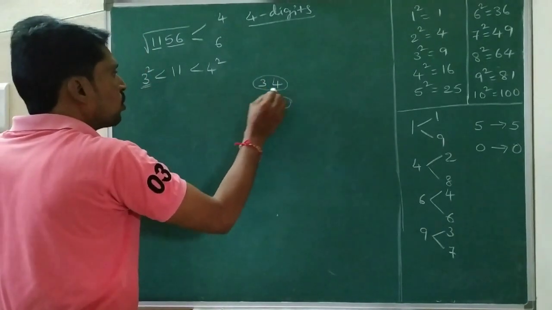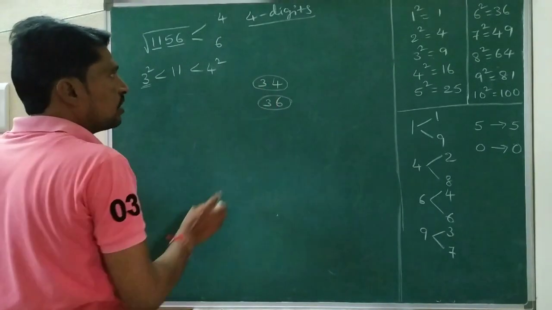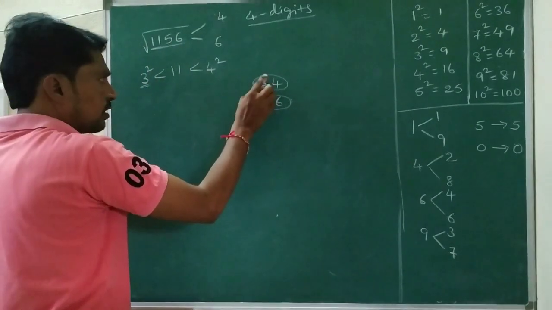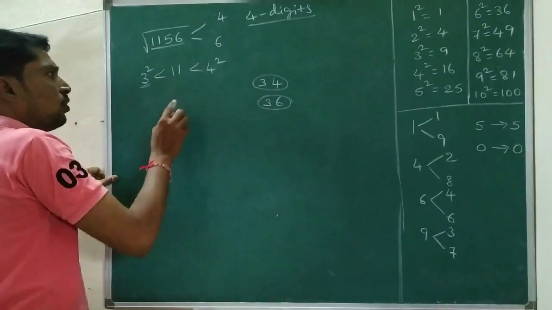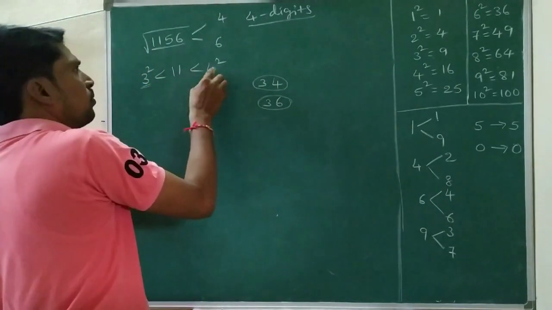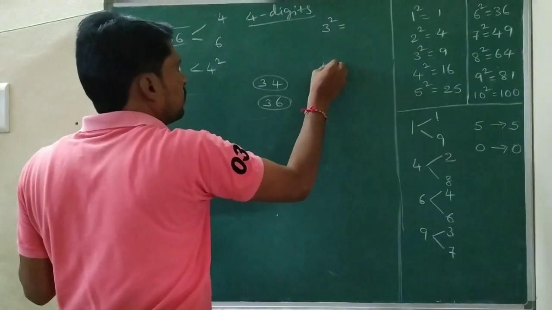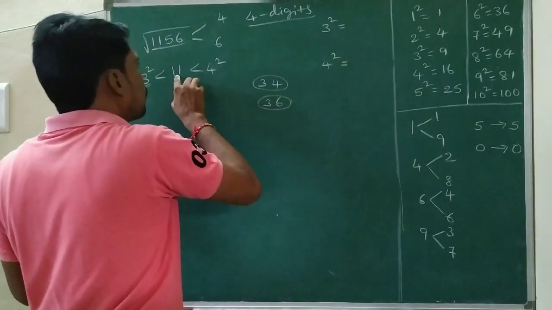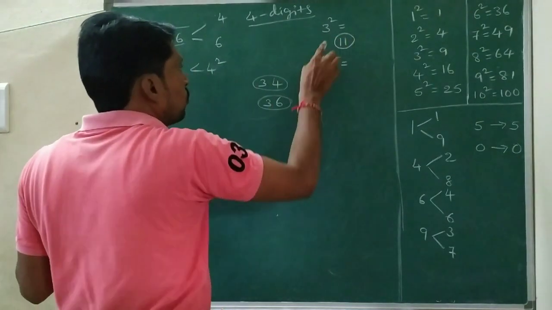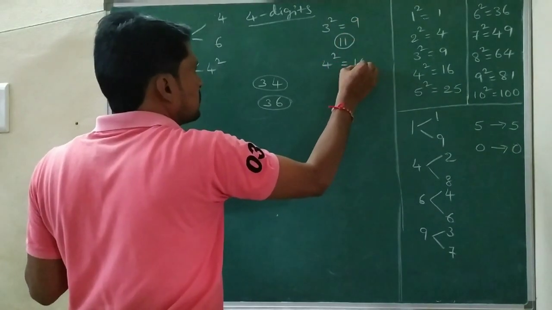Now we have two possibilities here: one is 34, another is 36. So the root value is either 34 or 36. Now which one is correct? We take the square numbers, 3 square and 4 square, and write the middle number 11 as usual. 3 square means 9, 4 square means 16.